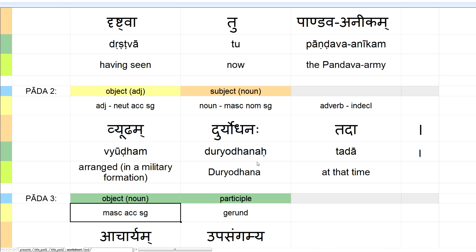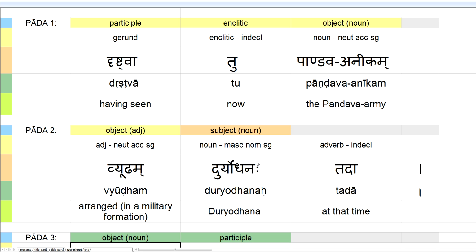Another argument might be that compared to drstva, there may be some rhyming with tada and drstva, and that tada should be understood as a reaction to the previous. So the yellow first, and then comes tada as a result of that, and it therefore should be in the green clause.